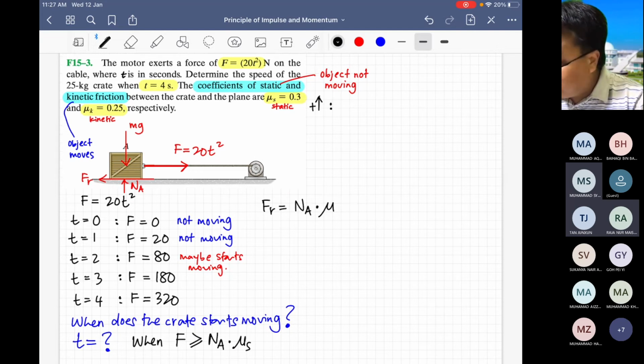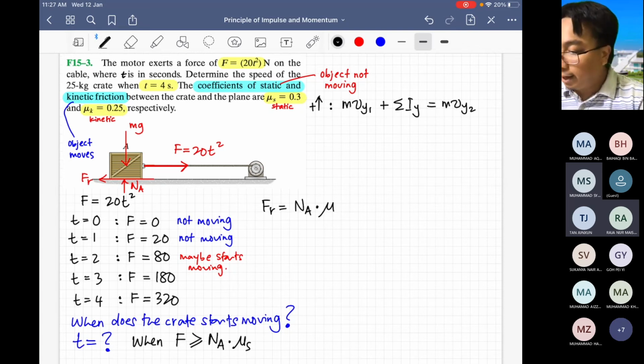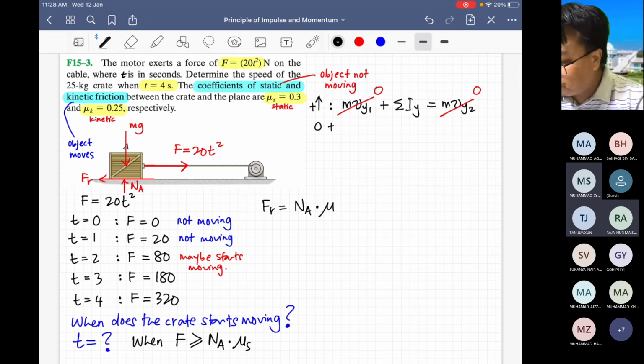Okay. So tadi kita ada mvy1 tambah total Iy sama dengan mvy2. Okay. And because there is no motion in y-axis, we know that this is 0, this is 0. So we have 0 plus mg kali time, which is 4.